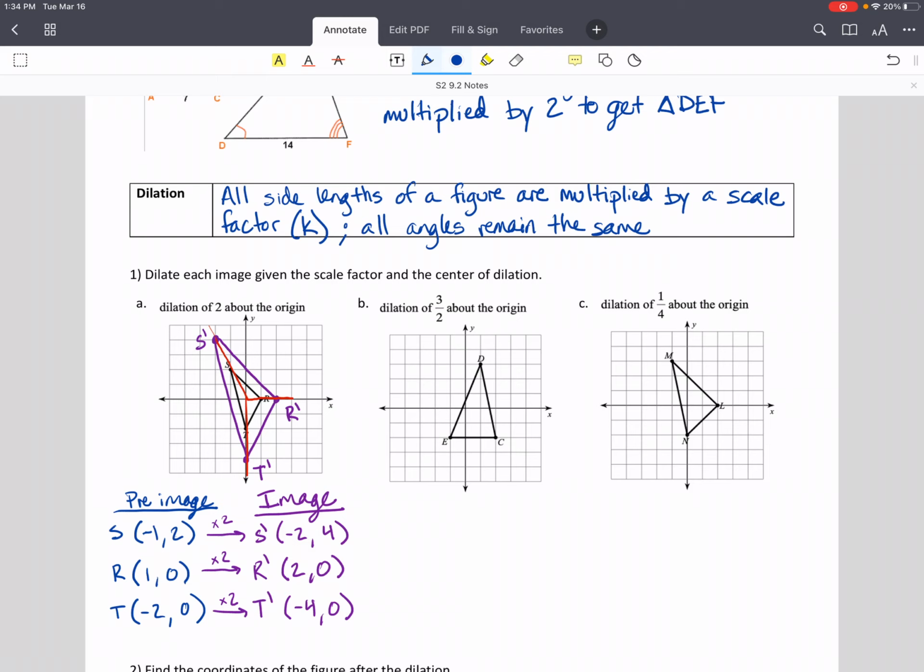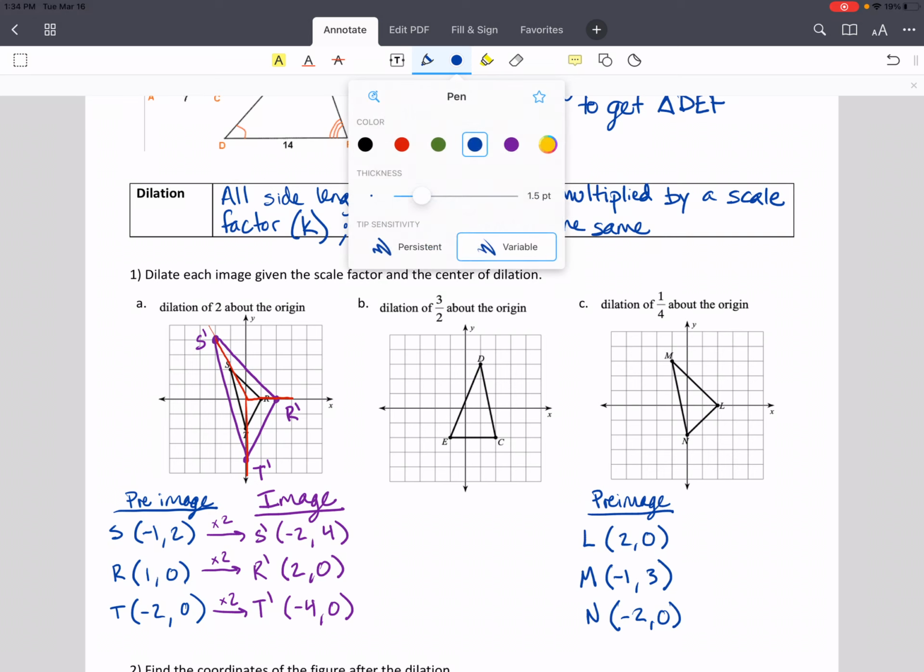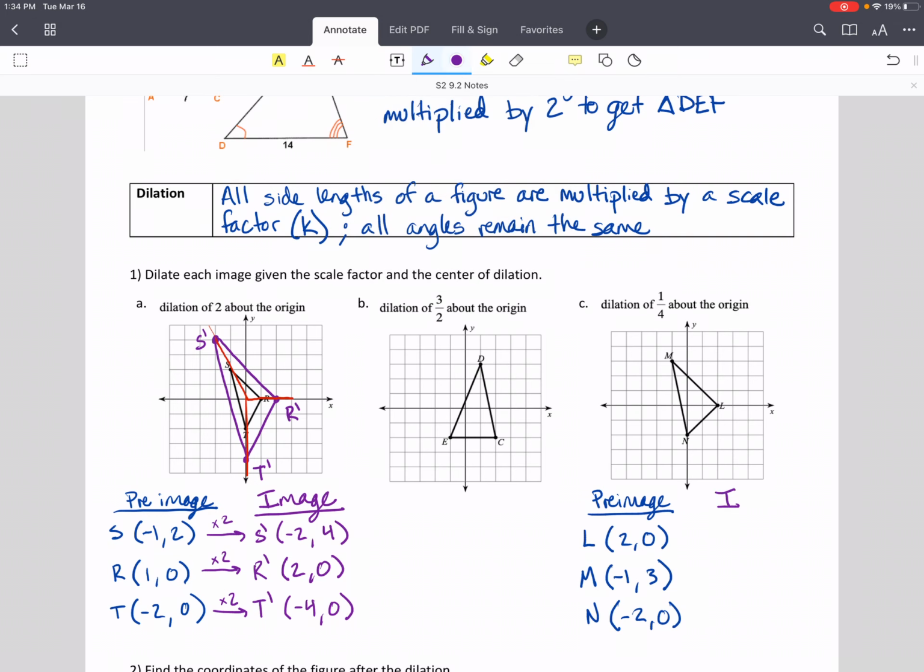I can multiply by 3/2. I'm going to come to part C. L is 2, 0. M is negative 1, 3, and N is negative 2, 0. So that's my pre-image. If I want to get to my image, I'm going to dilate.